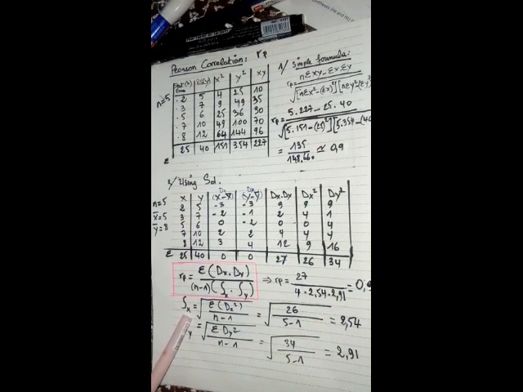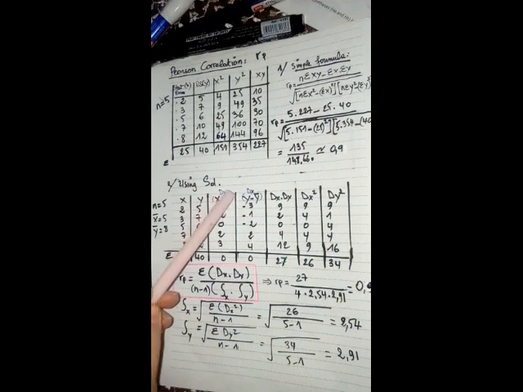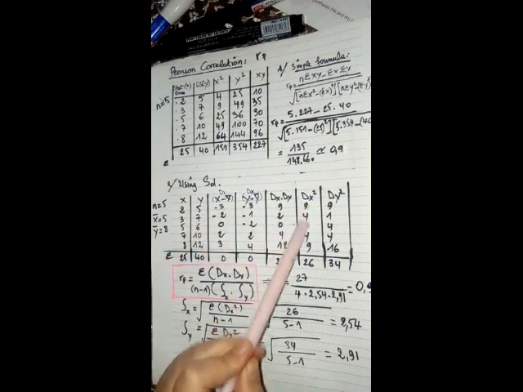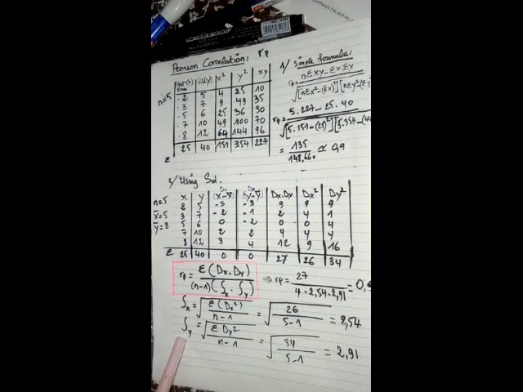Here it is. The standard deviation of x equals the square root of the sum of dx squared, so the sum of x minus x bar squared, divided by n minus 1. This is a rule. We have seen it in class. The standard deviation of y equals the square root of the sum of dy squared divided by n minus 1.